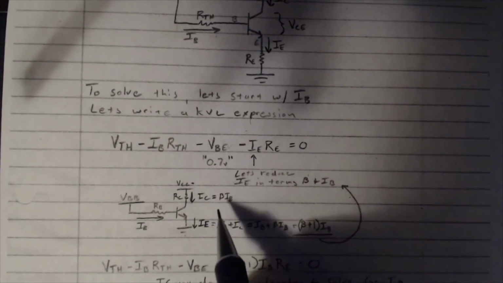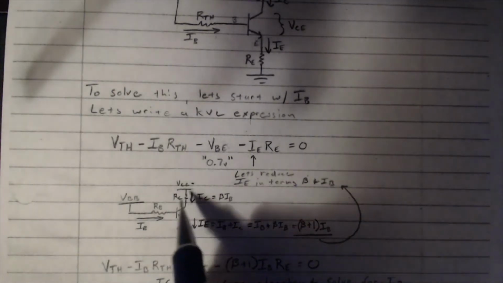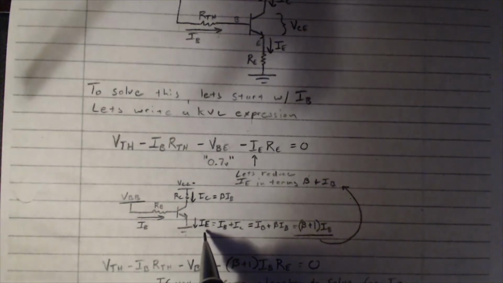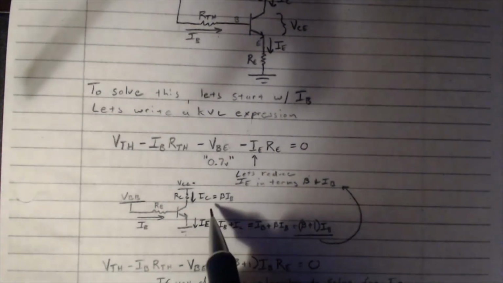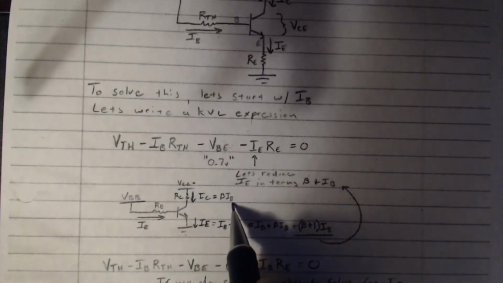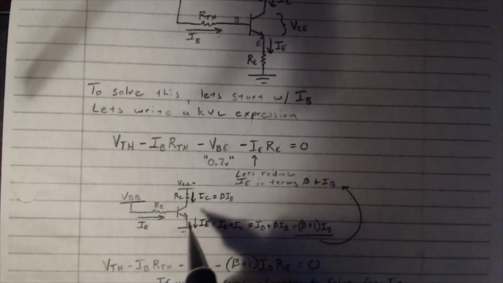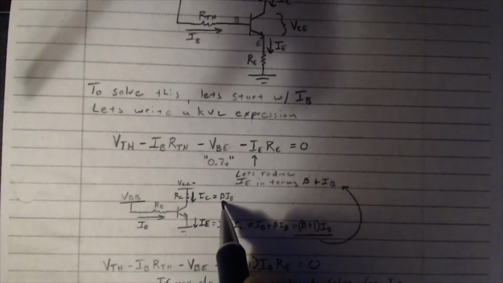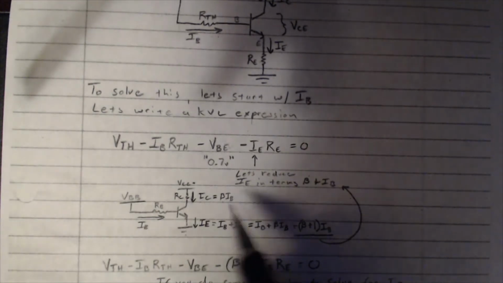Now over here, I've gone back to this simplified base bias circuit with no emitter resistance, just to demonstrate how we can rewrite this emitter current. We know that IC is equal to beta times IB. The collector current is just equal to the intrinsic gain of the transistor times the base current.